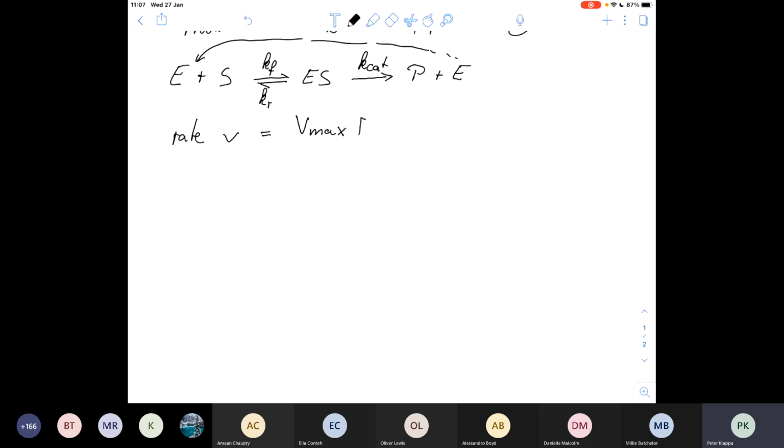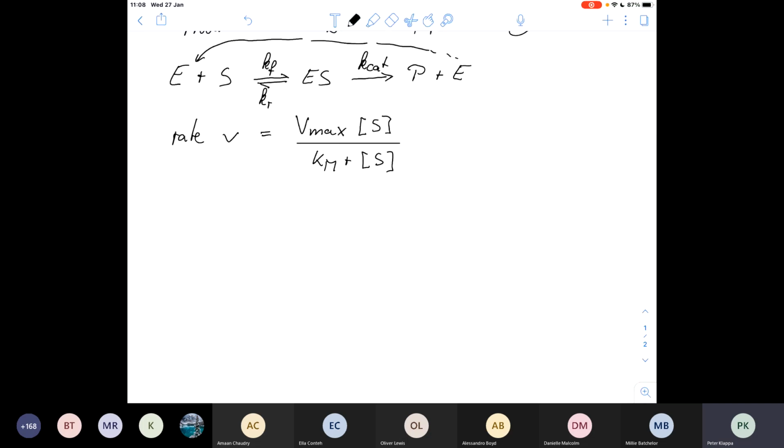Vmax times the substrate concentration divided by Km plus the substrate concentration. And the V can be velocity, rate. In fact, probably the best thing would be to see that as a speed here, because we are not really caring very much which direction this whole thing goes.